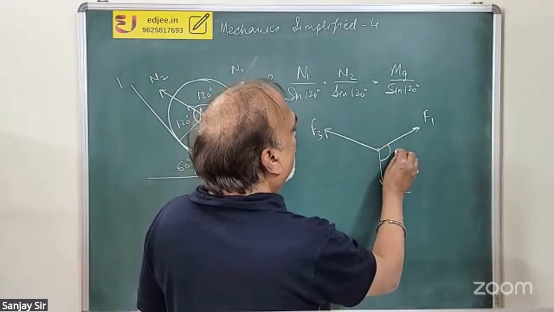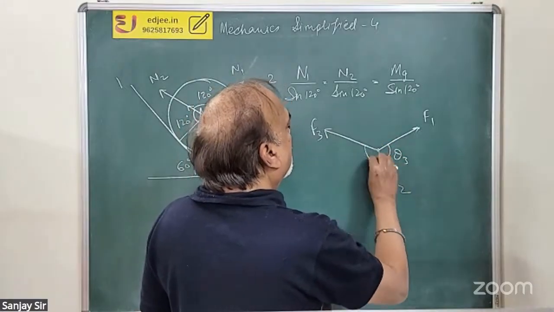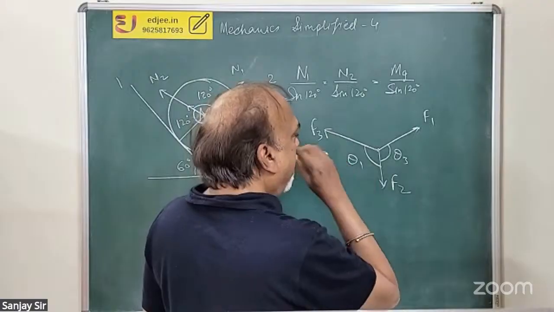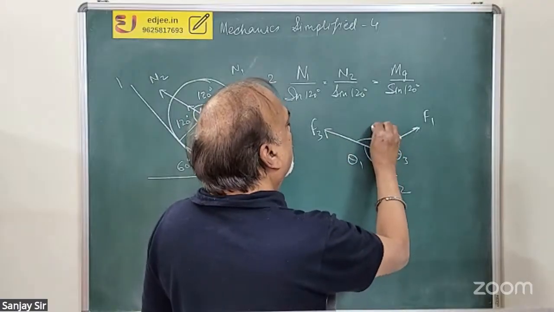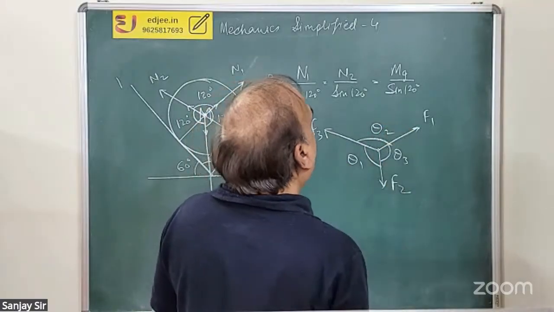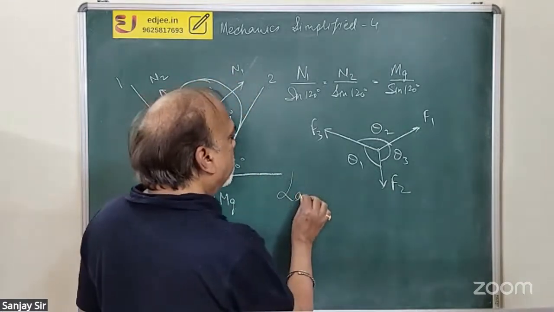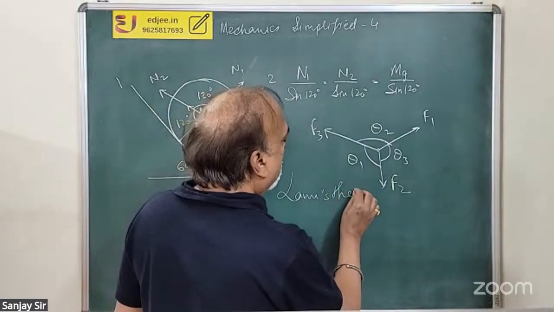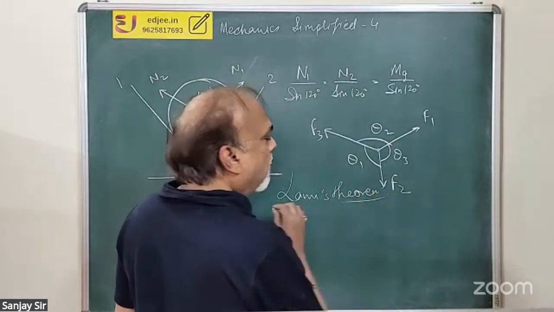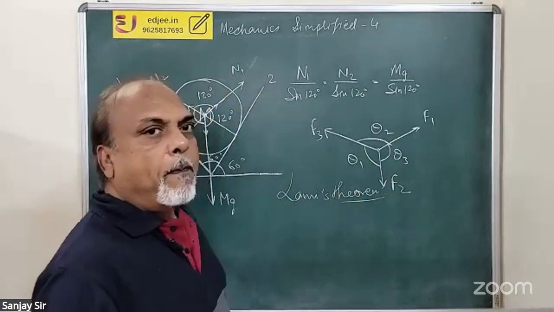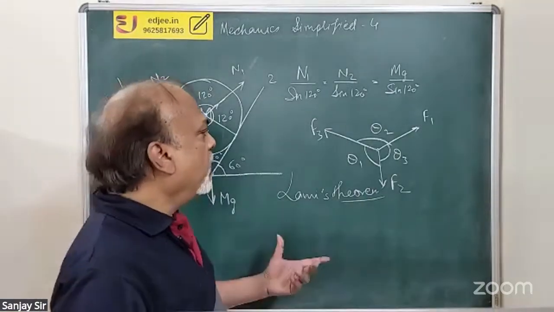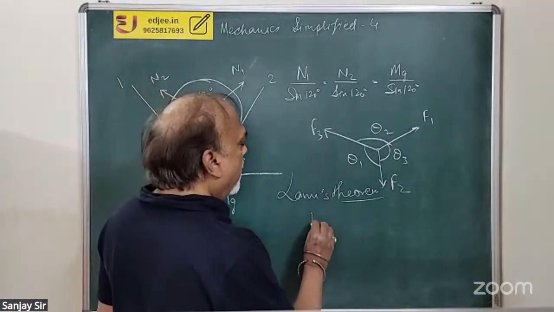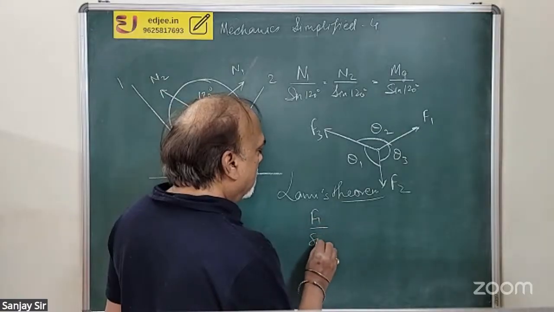Suppose this is your theta 3, this is your theta 1, and this is your theta 2. Then the Lami's theorem says F1 upon sine theta 1 equals F2 upon sine theta 2 equals F3 upon sine theta 3.